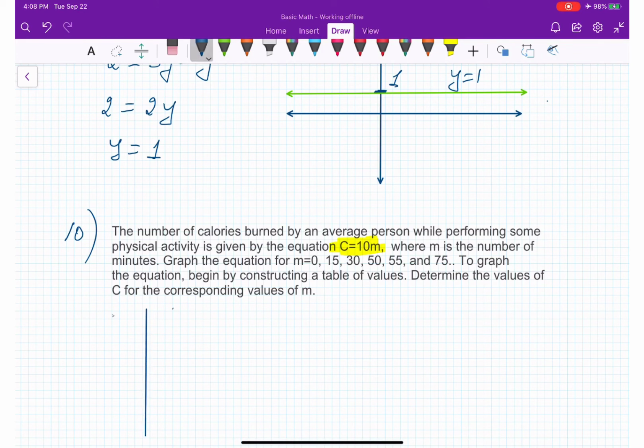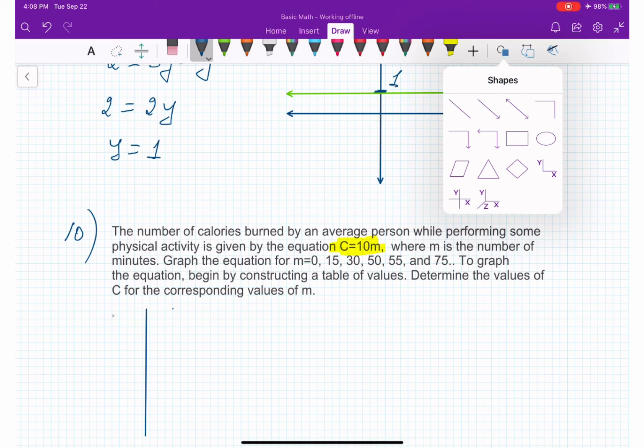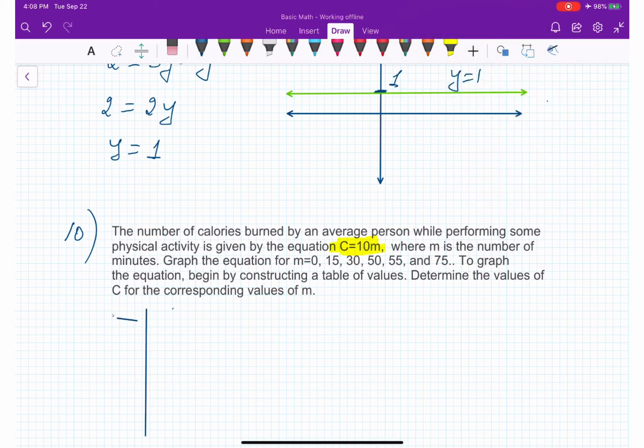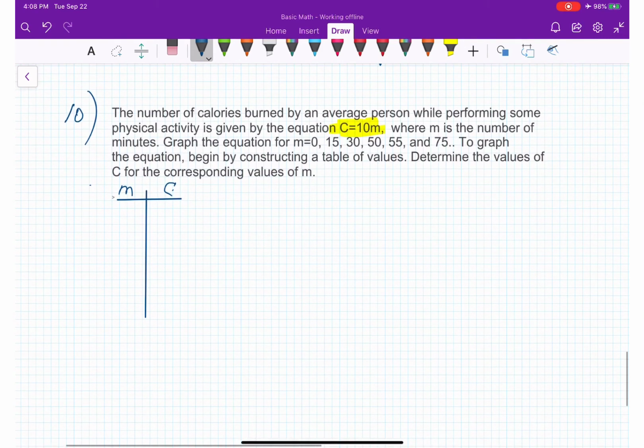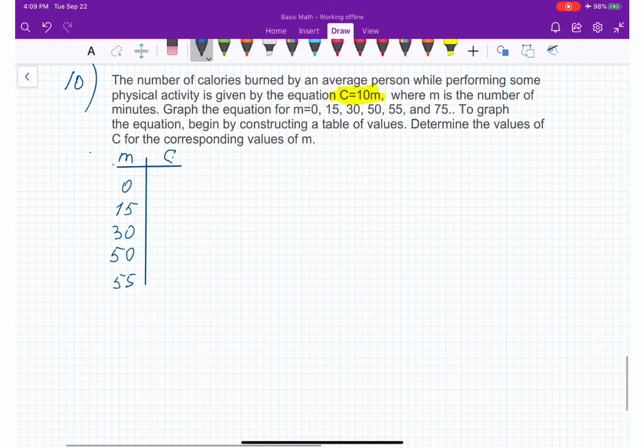This is M. This is C. So let's write down 0, 15, 30, 50, 55, 75.